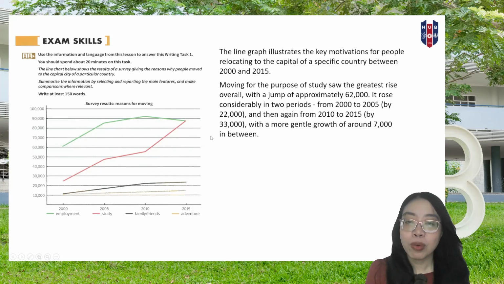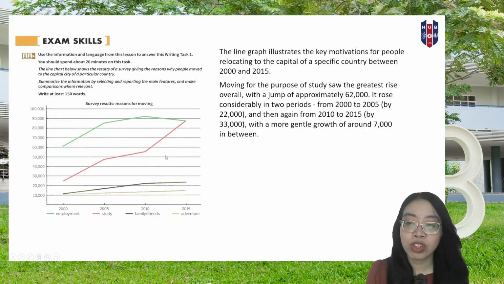Alright, so pay attention: if you look at this graph here and you do not notice the study first, but you notice the employment first, can you talk about it first instead of study? Yes, my answer is yes, of course you can, as long as it's logical. So for this sample here, they decided to divide it into 3 body paragraphs.